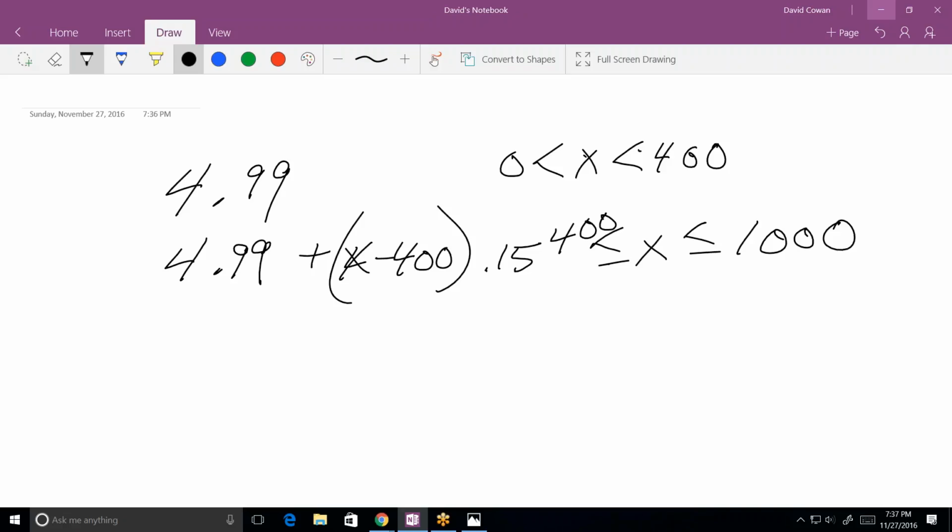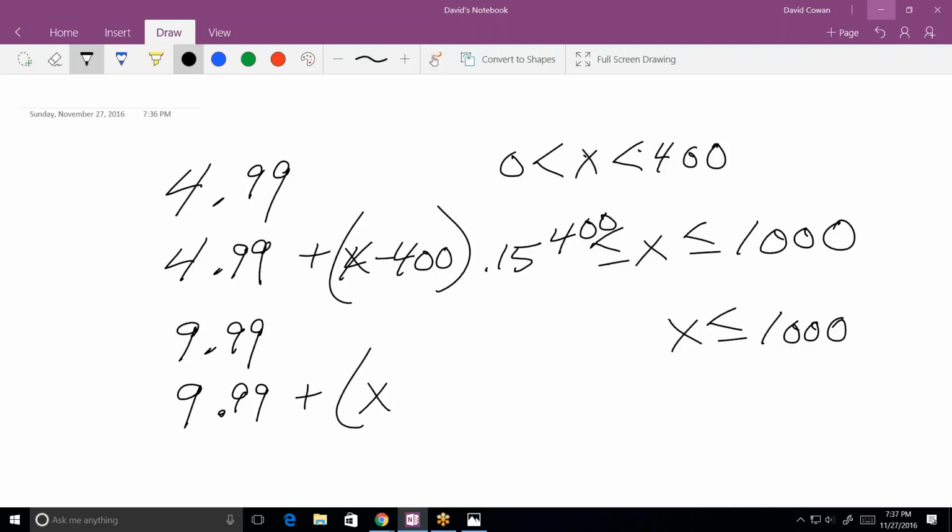And it's $9.99 when x is less than or equal to 1,000, and it's $9.99 plus x minus 1,000 times 0.15 whenever x is greater than or equal to 1,000.